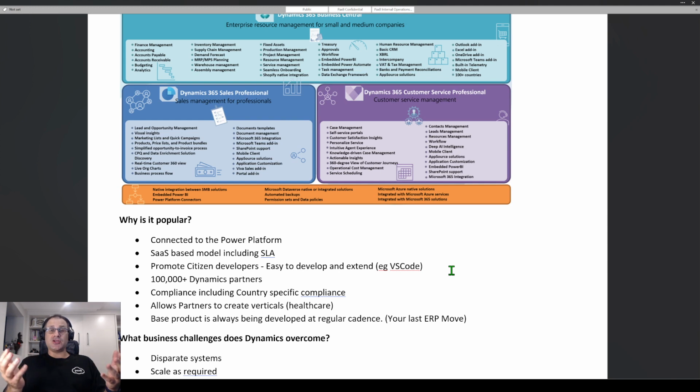So, for example, VS Code, which is Visual Studio Code, is now available on any platform that you choose to work on, and you can go and create and extend your product to make it more valuable for your own business. Also on the Power Platform, there's make.powerapps.com. I think that's the URL. If not, I'll share the link for it. But that's the ability for any person in the business to go and create these Power Apps.